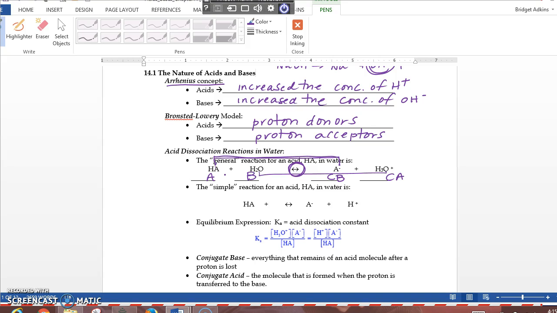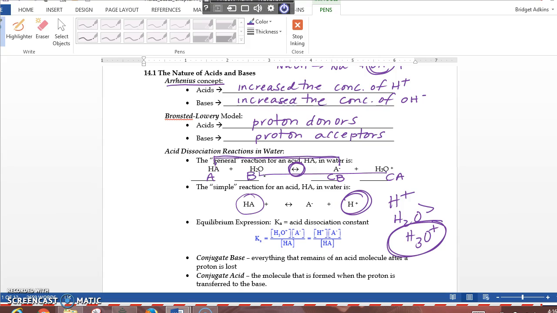And you always want to match up and just find the partners. Sometimes what we'll write is the simple equation, which is just HA breaking up into H+ and A-. This is kind of the lazy way to write it. We write it that way a lot. But the difference is, are you showing the water or are you not showing the water? So if water accepts a proton, it's called a protonated water, and it forms hydronium ion, right?